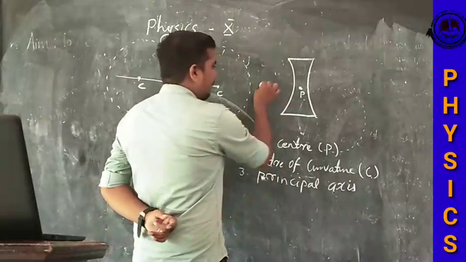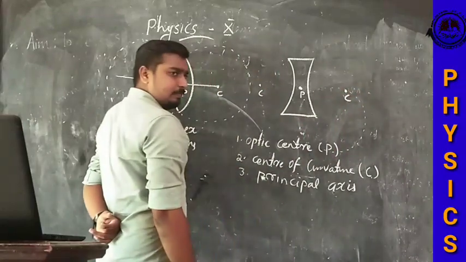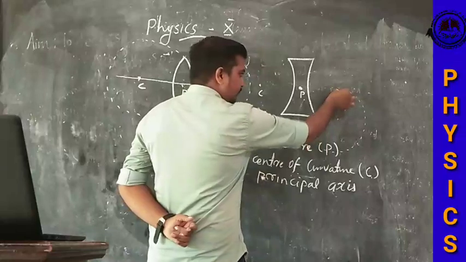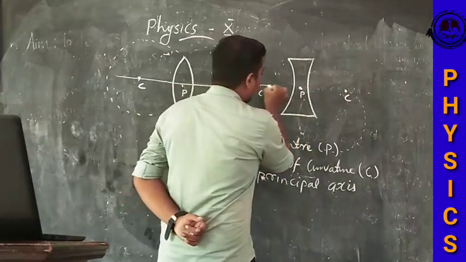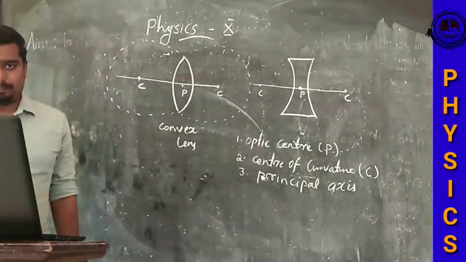Similarly here, this is the center of curvature of this lens, and joining these two centers of curvature through the optic center, that straight line is called what? Principal axis.